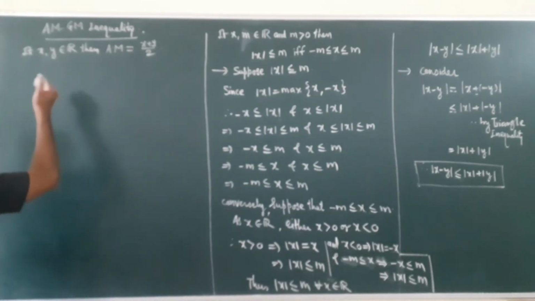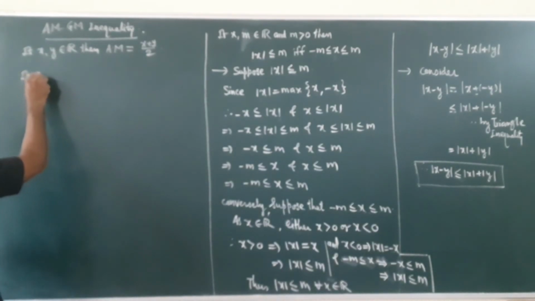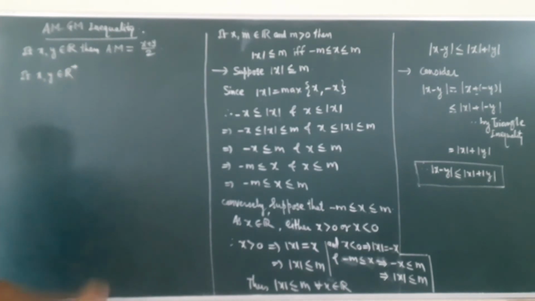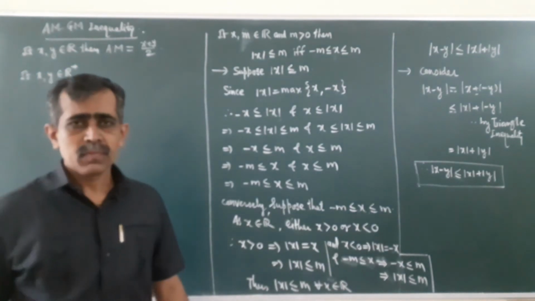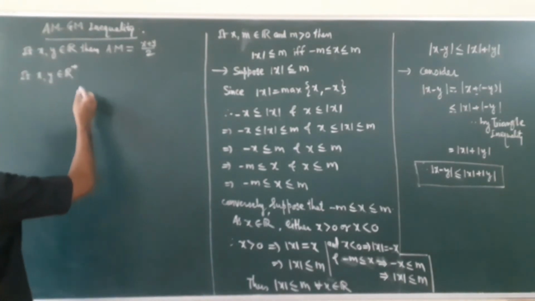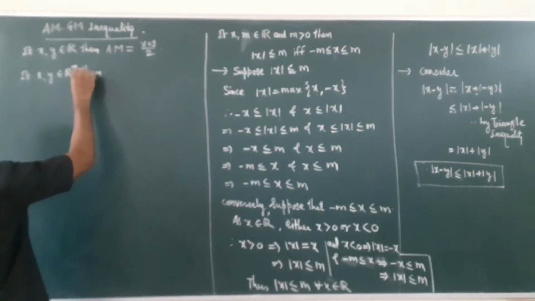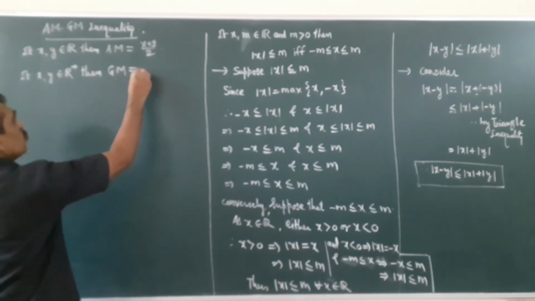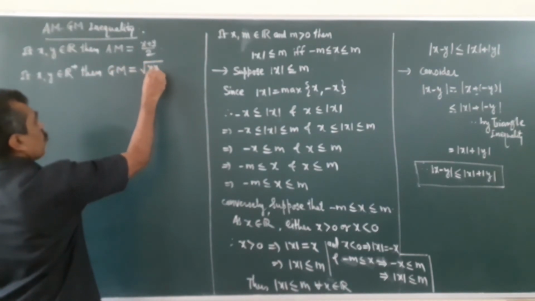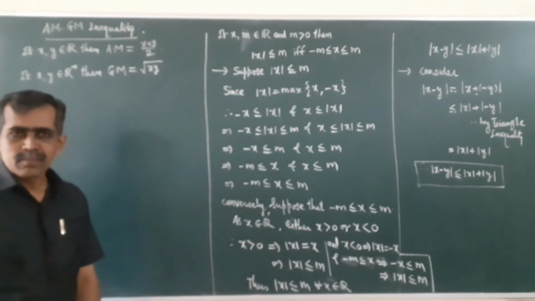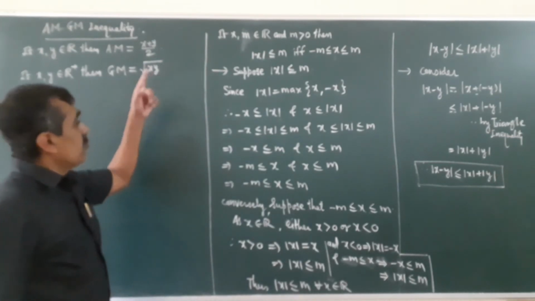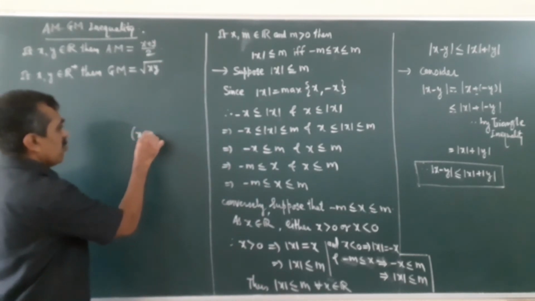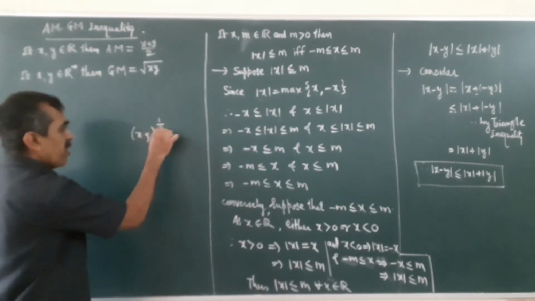Now, what about geometric mean? If x, y belong to R plus, both of them should be positive, then the geometric mean of these two is the square root of x into y. It is a product of 2, so therefore square root.